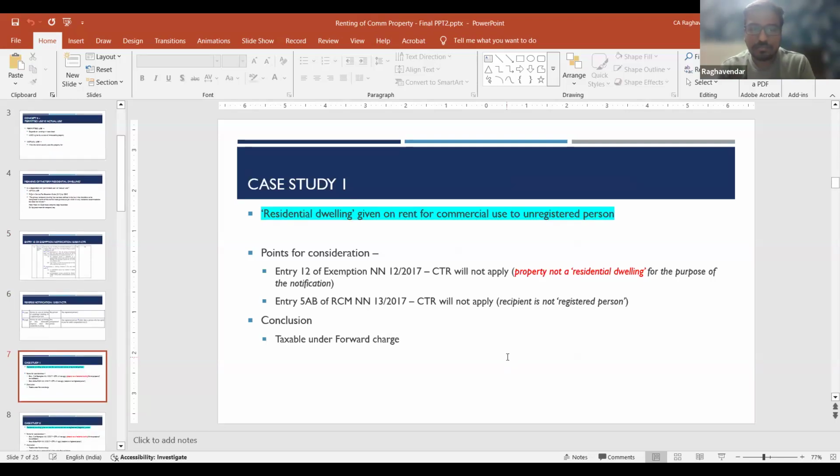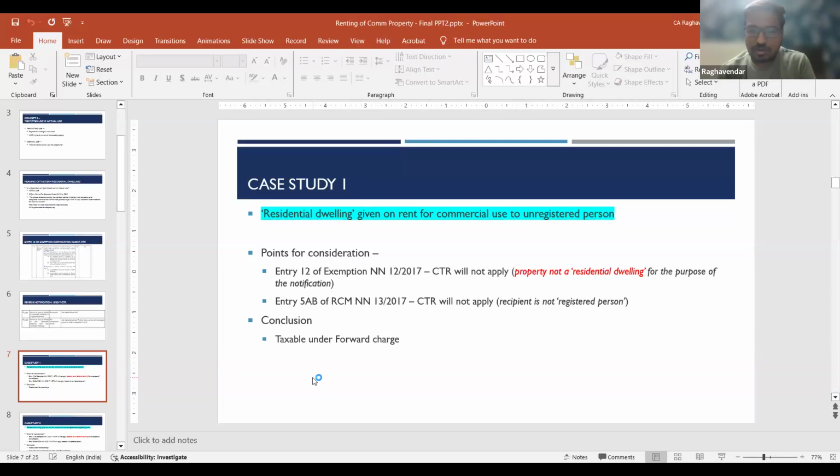Moving forward, case study 1. It's a basic case. First, I will list out all the cases wherein a residential dwelling is given for a commercial purpose: a residential dwelling given on rent for commercial use to an unregistered person. First, entry number 12 of the exemption notification.